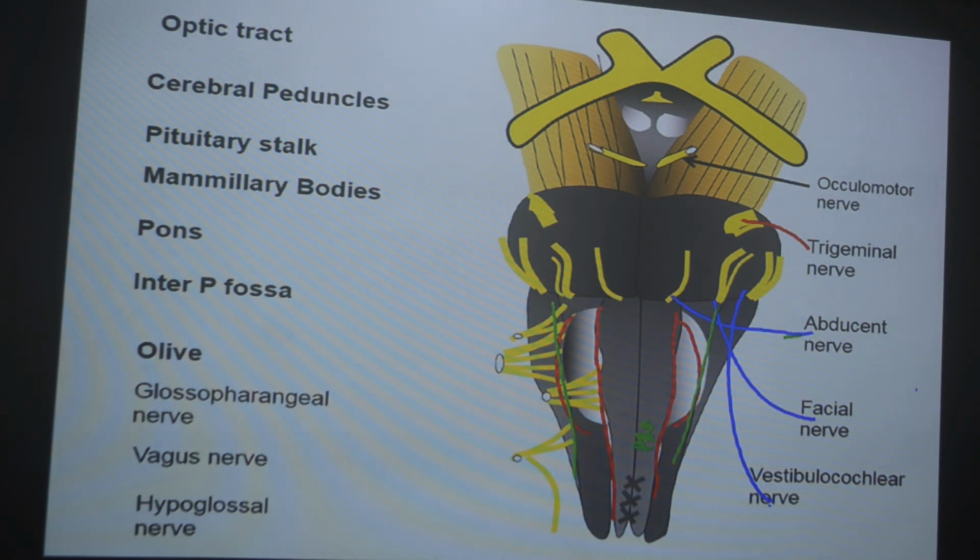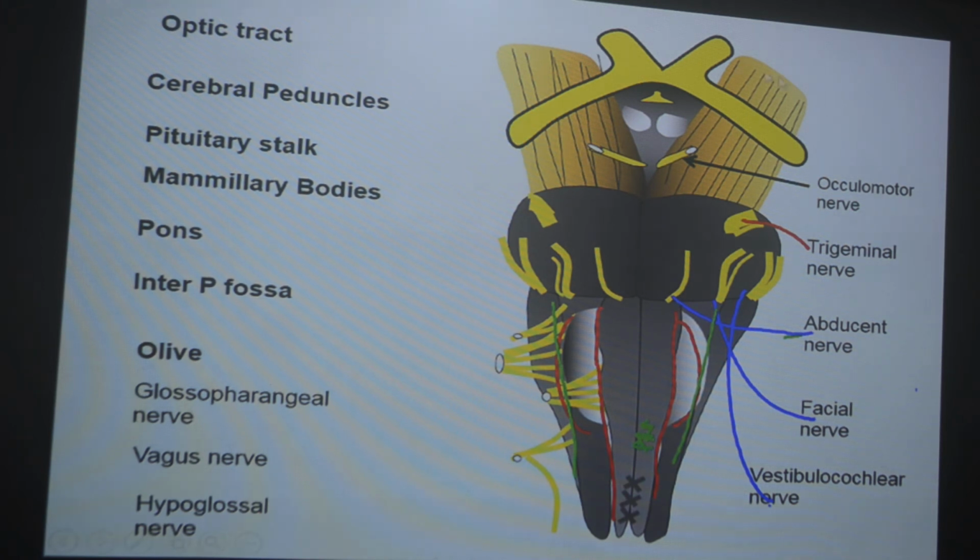One is masseter, medial and lateral pterygoid, and you have the temporalis muscle. So medial, lateral pterygoid, temporalis and masseter are the 4 muscles of mastication which are supplied by the motor rootlet of the trigeminal.